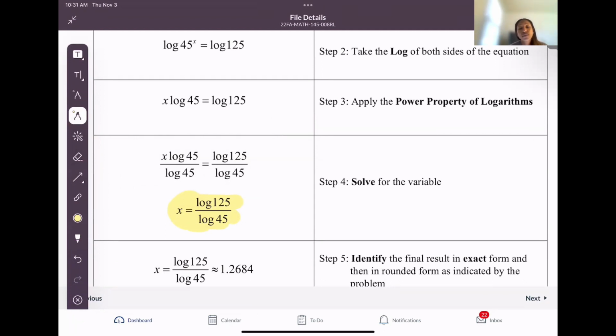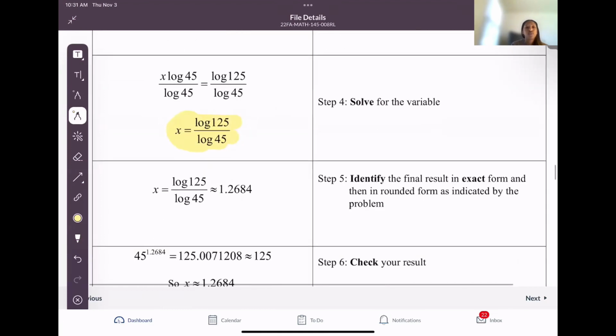We can find a decimal approximation for this if we put it in our calculator. Okay, so from the exact form, if we put this into our calculator and round to four decimal places, we get that x is approximately equal to 1.2684. And just like with any equation, you can check your answer by plugging the result back into the original problem.